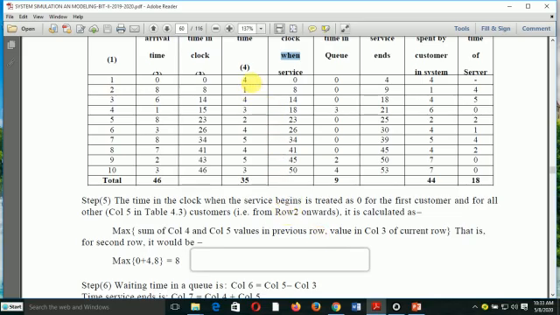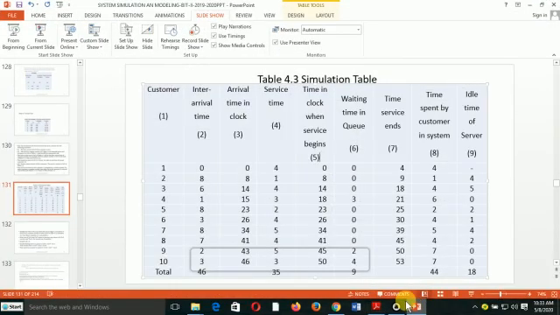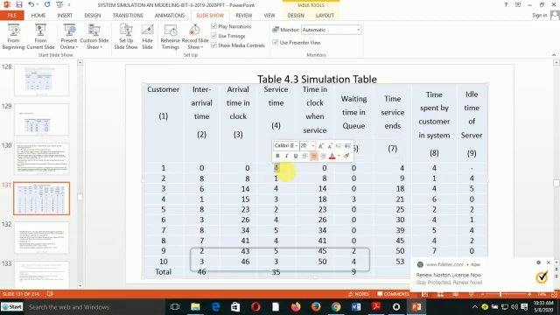So I'm having column 4 and column 5, and I add them. It means I take the service time plus the time on the clock when the service begins. So I take when the service begins plus the service time, and I will know the time of the beginning of each customer's service. Here for the first one it is 0.